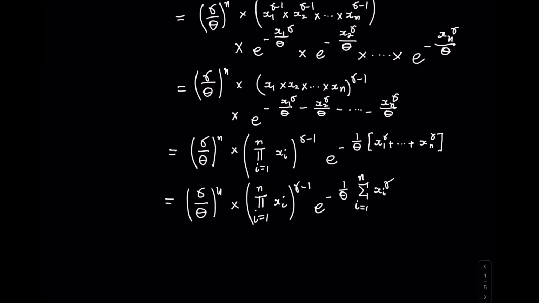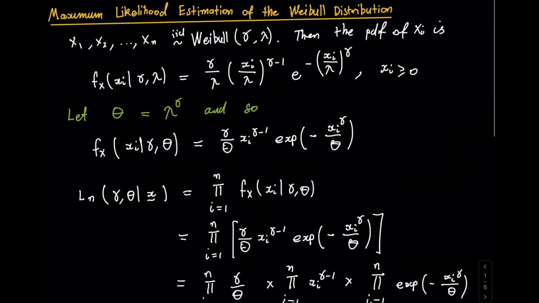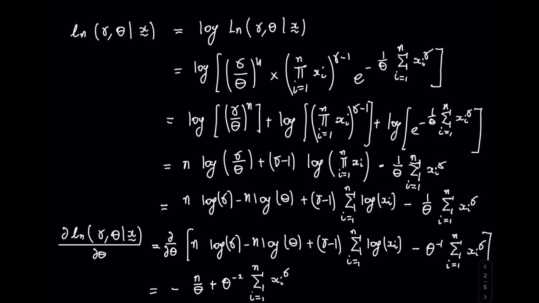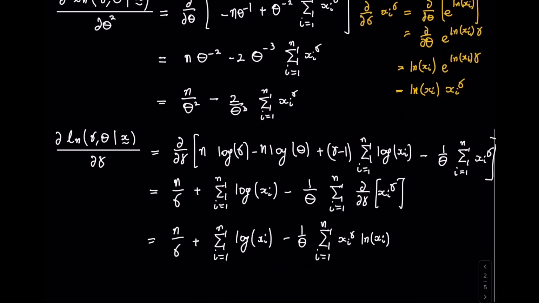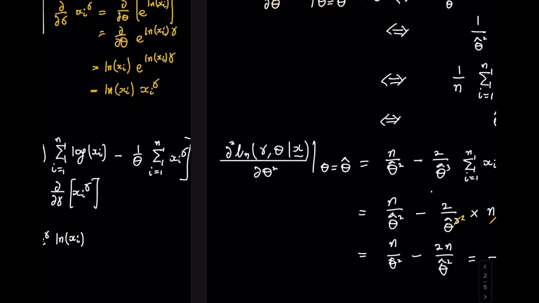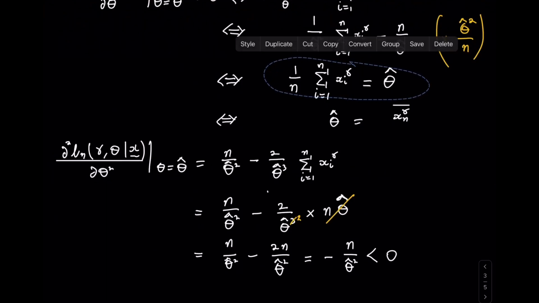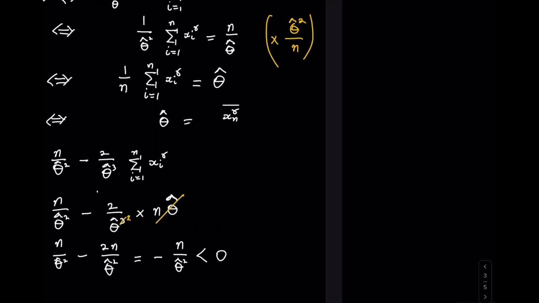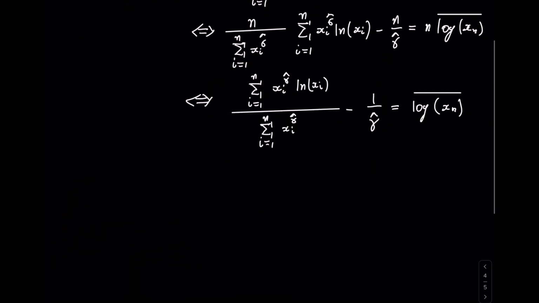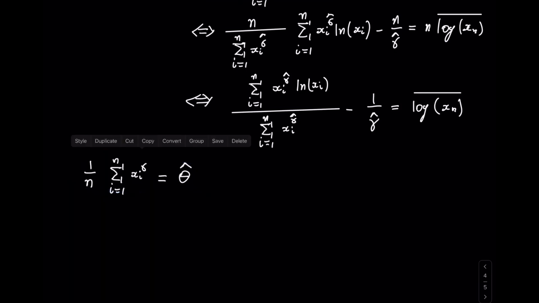Now, of course, if you remember the beginning, the parameterization was we had theta is equal to lambda to the gamma. So alternatively, just at the very end here, if we go to our expression for theta hat, copy that for your own benefit, I suppose. Again, paste. We had 1 on that is equal to theta hat.